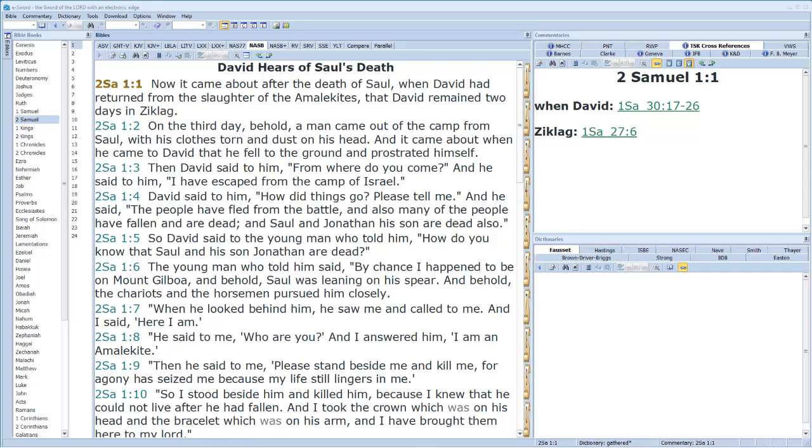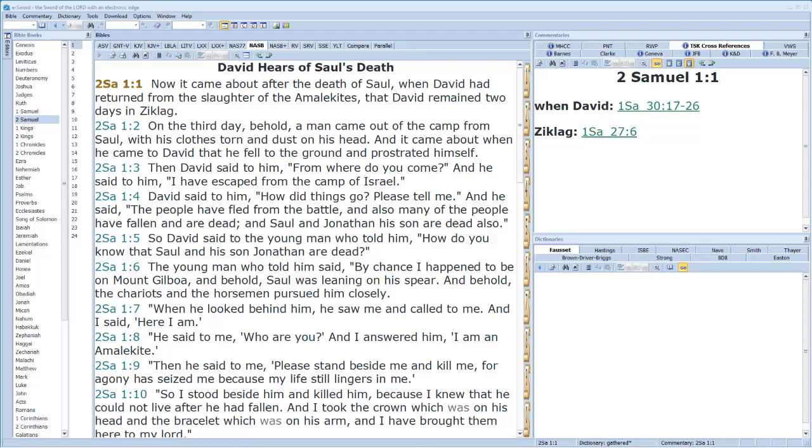So David said to the young man who told him, 'How do you know that Saul and his son Jonathan are dead?' And the young man said, 'By chance I happened to be on Mount Gilboa, and behold, Saul was leaning on his spear, and behold, the chariots and the horsemen pursued him closely. When he looked behind him, he saw me and called to me, and I said, Here I am. He said to me, Who are you?